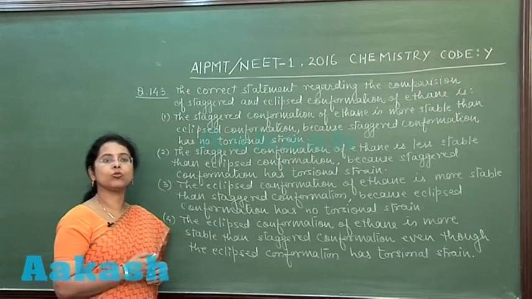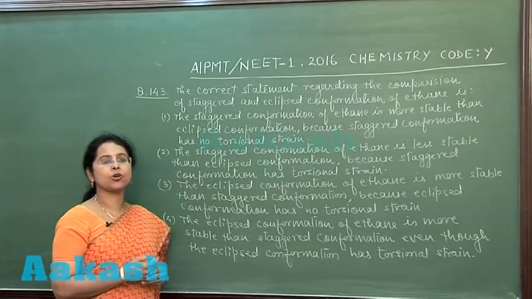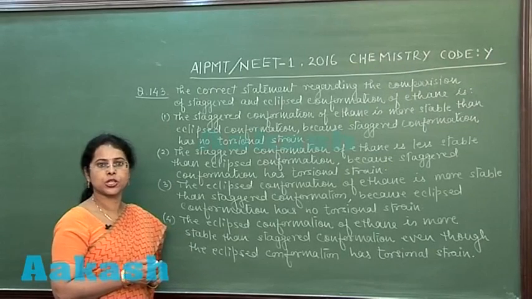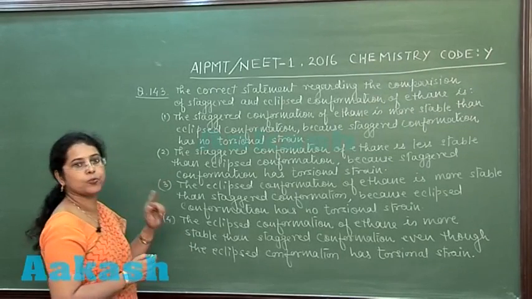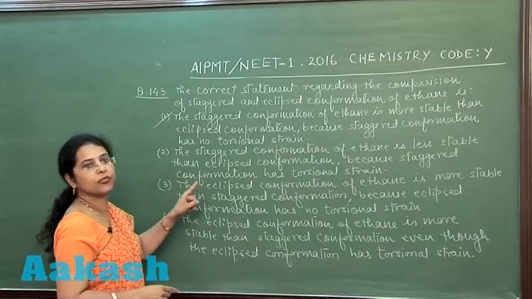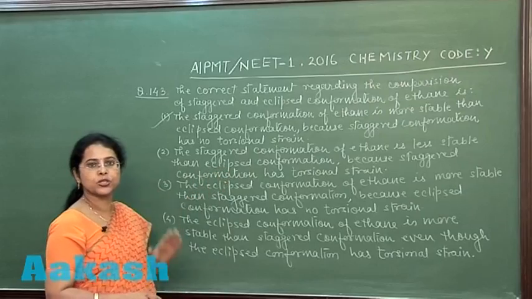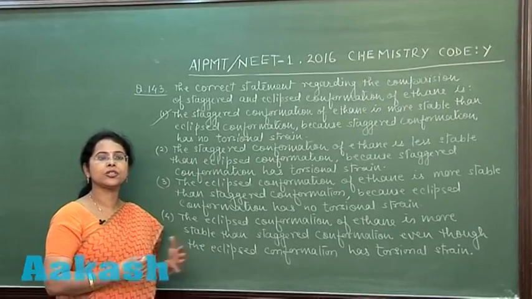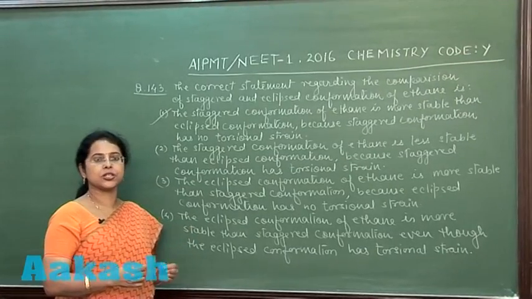So students, as we know, staggered conformation of ethane is more stable than eclipsed conformation. So only the first option is possible because in the statement it is given that staggered form is more stable. In all other three options it is clearly mentioned that staggered conformation is less stable.